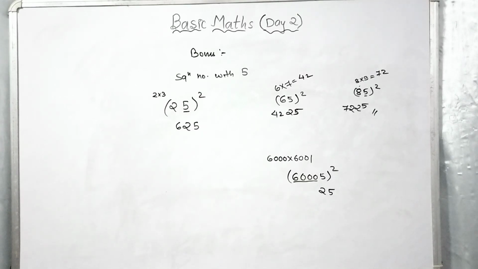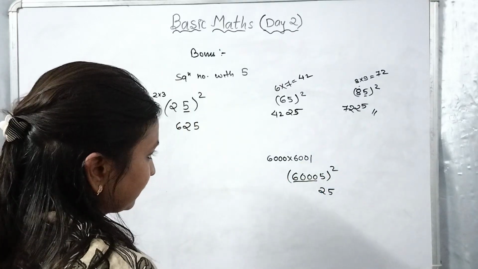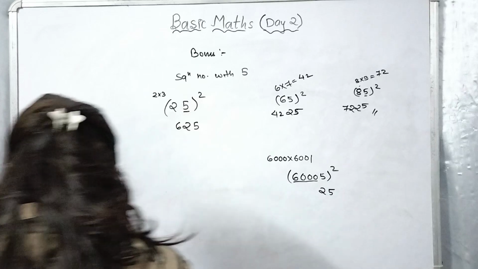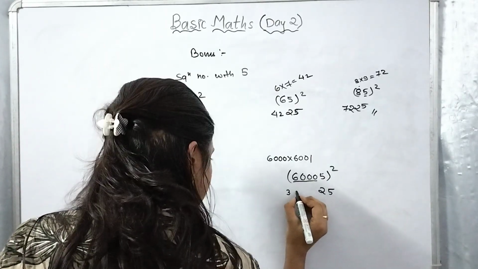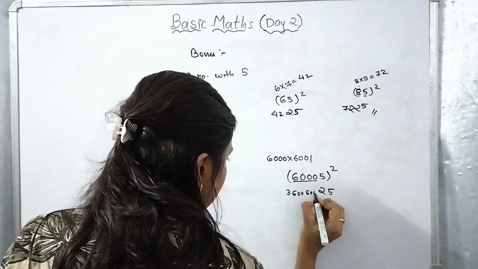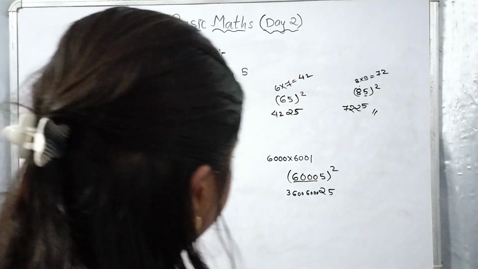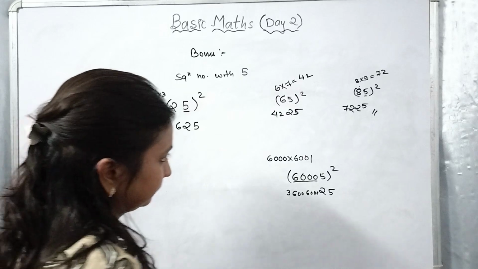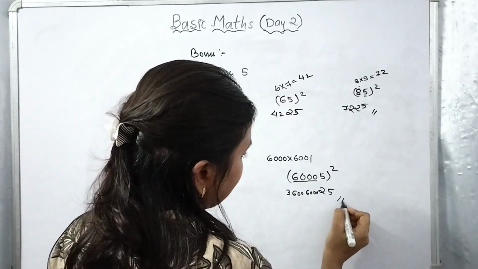When you multiply this, you will get the answer as 360600, 25. So this is your answer: 36060025.